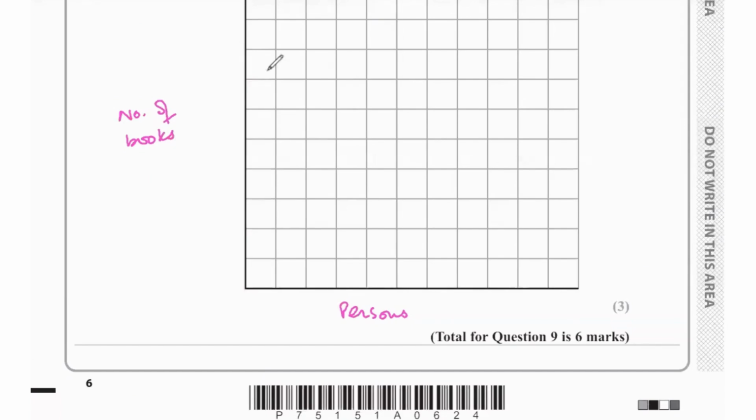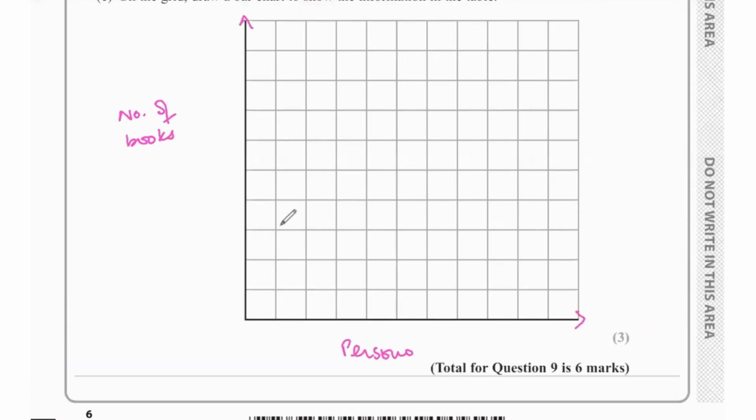So first, let's label the y-axis. For the y-axis, let's start with 0, and that's going to be 1, 2, 3, 4, 5, 6, 7, 8, 9.